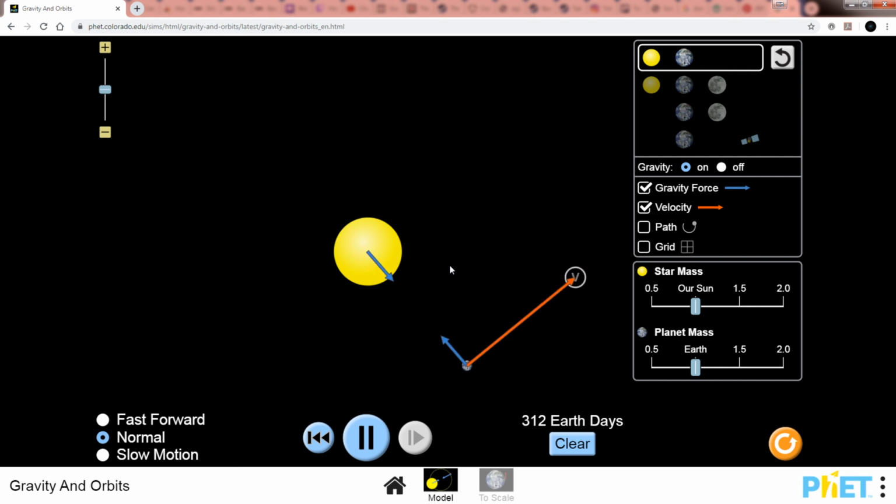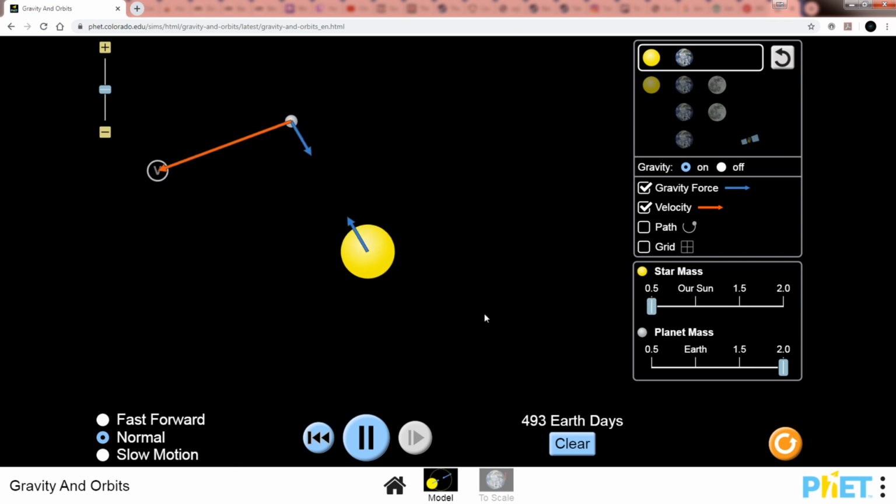So we end up having that. If we double the Earth's mass, we'll see that those arrows double in size. Yep, there we go. And if we half the Sun's mass, we'll see those arrows half in size. And in this case, the gravitational force is not enough to hold on, so those arrows are getting smaller as the radius keeps getting bigger.